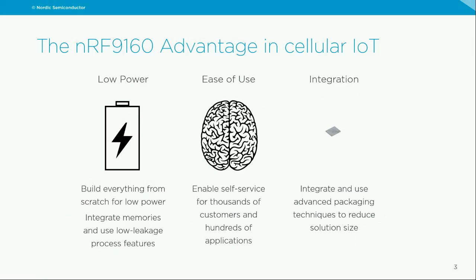We have done this by putting all our development tools and all our documentation online for everyone. We focus a lot on the software stack and the middleware, and we focus on building complete application examples that are all open source. So you have an excellent starting point for your complete applications when you want to add cellular connectivity to what you're doing today or what you want to do next.